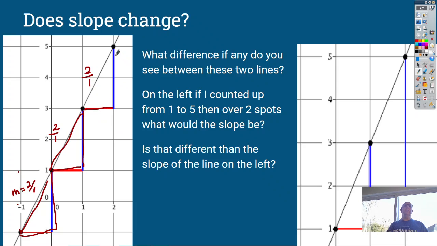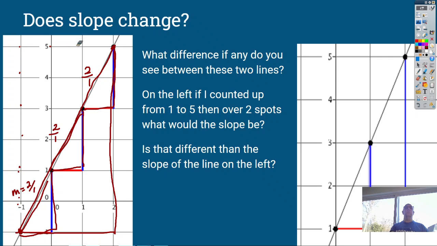So if all 3 of these triangles are right in a row, and each side of the triangle here has the same slope of 2 over 1, then this big triangle should have the same slope. So what is the slope of this big triangle from here to here? I go up 1, 2, 3, 4, 5, 6.